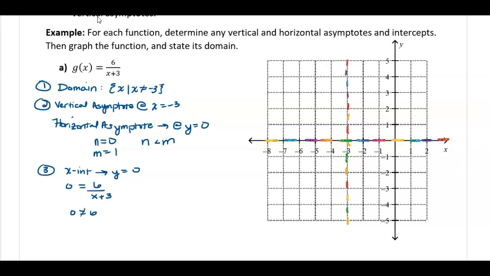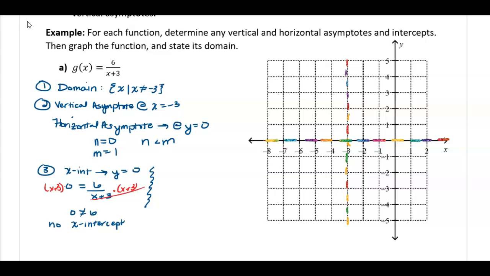So there is no x-intercept. How did I get that, you ask? I multiplied both sides by x plus 3. And we know that this becomes 0 and that crosses out.